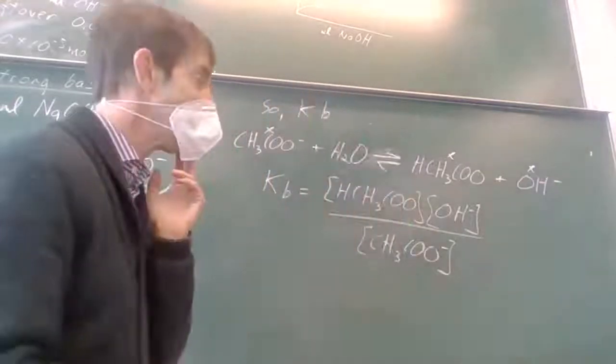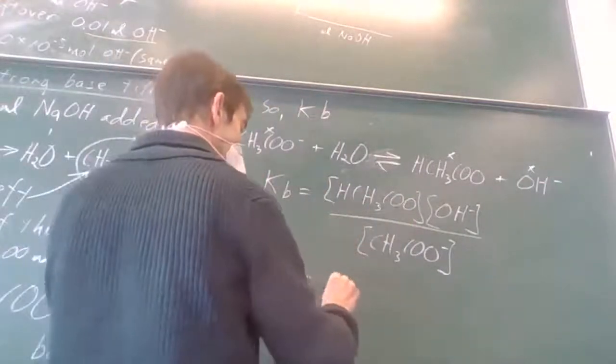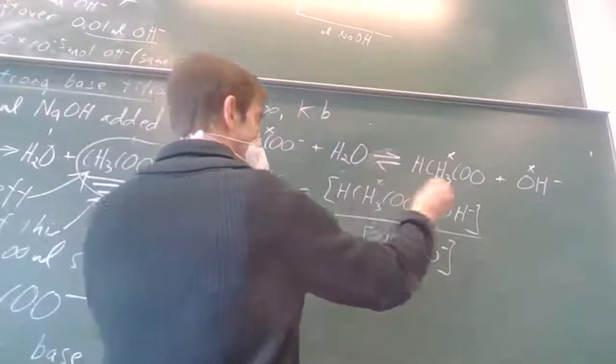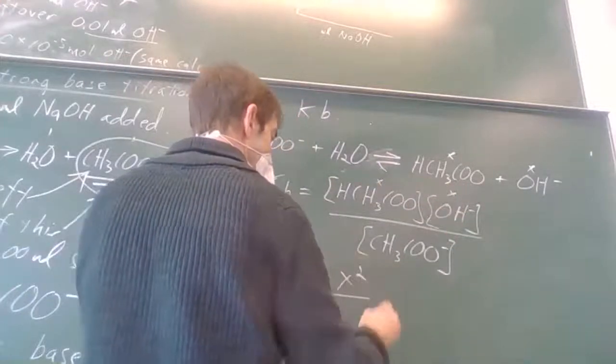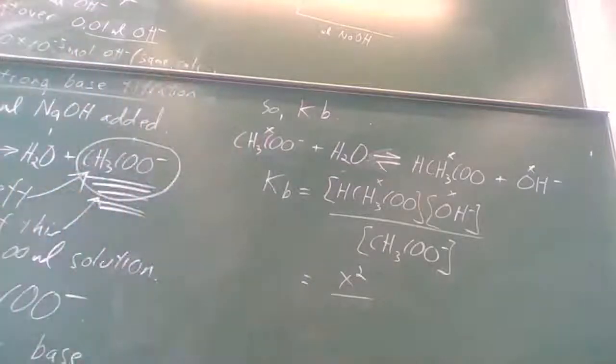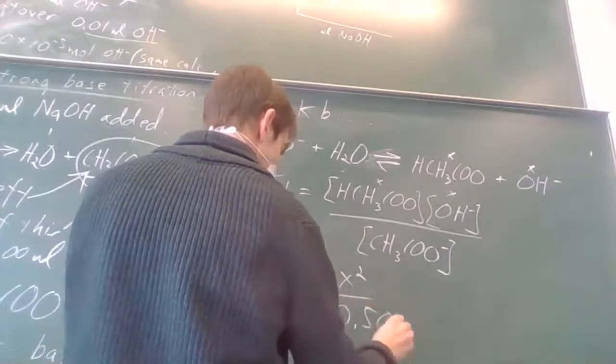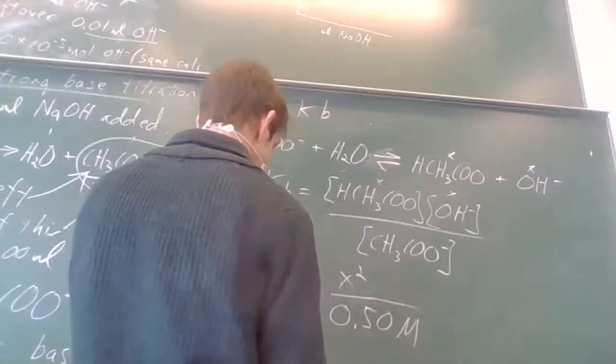Exactly. So on top, and Sophie, I'm going to get what then? You got it. And on the bottom, it's the concentration of, Chelsea? Yeah, so we decided it's now not 1 molar, but 0.5 molar.